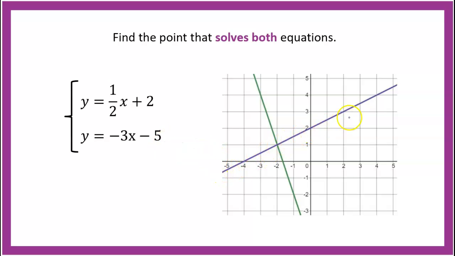So this is all the solutions for the first, that's all the solutions to the second. The place where they cross is right here, and that's going to solve both of them. That point is (-2, 1). So that is our solution to these two equations. So we're looking for places where the graphs cross.